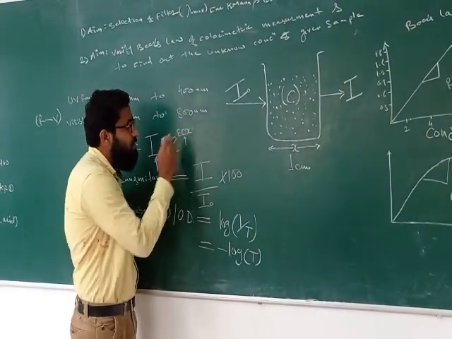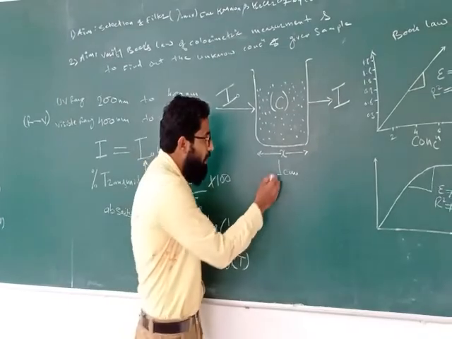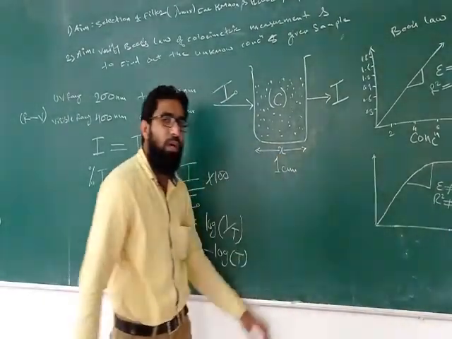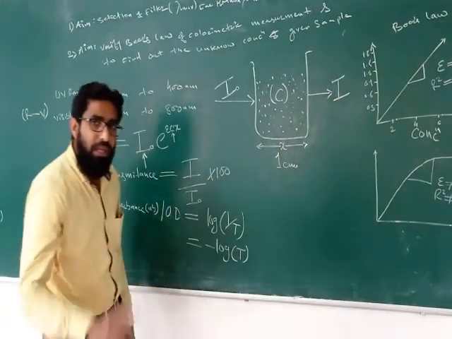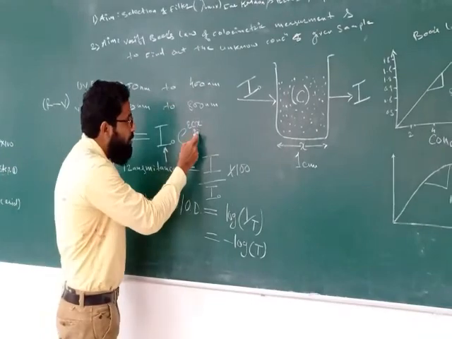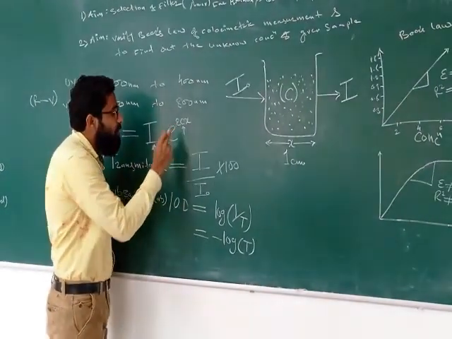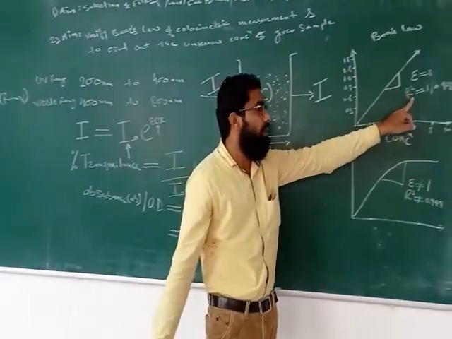And third, x is nothing but the path length, which is universally constant, that is 1 centimeter. Hence, the intensity of transmitted light is directly proportional to the intensity of incident light and the concentration. Epsilon is the molar absorptivity, calculated based upon the slope.